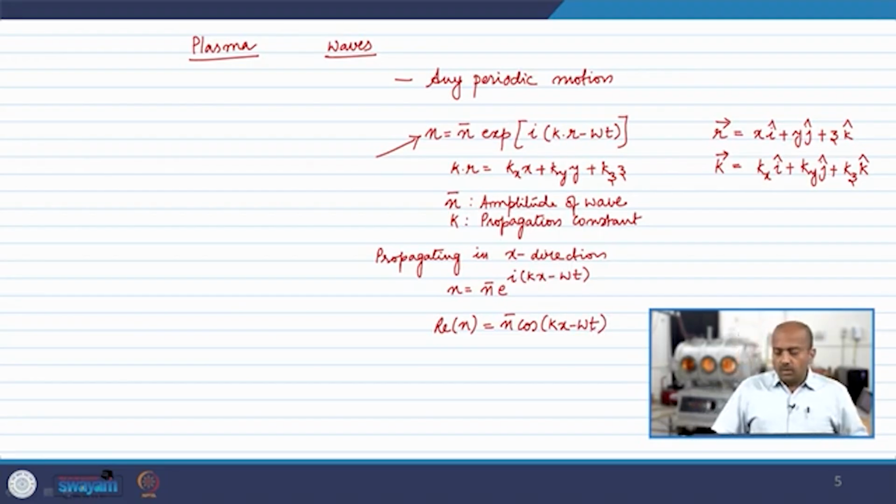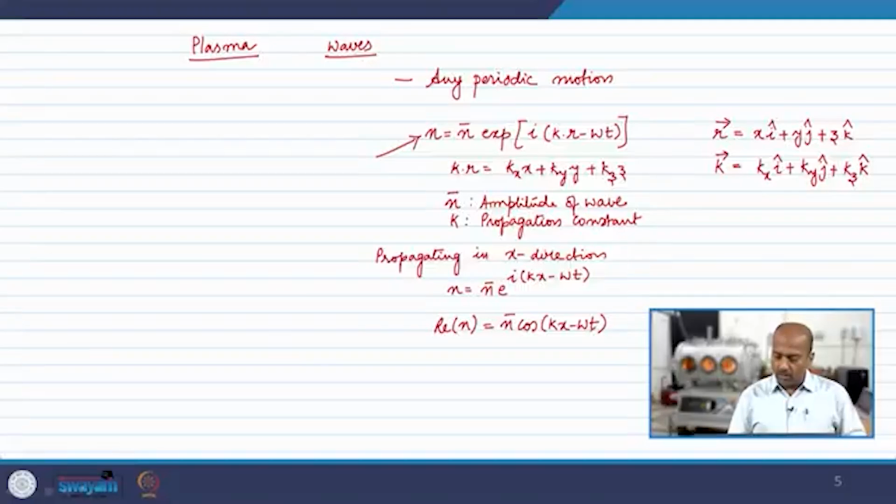Let us consider a point on this wave. The point is moving or vibrating, so that the information is transmitted from one point to the other. This movement of a point in phase is actually what is referred to as the wave. Let us consider a point of constant phase within this wave; it will always move such that d by dt of (k x minus omega t) is always 0.